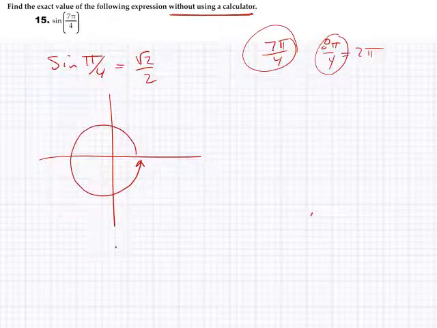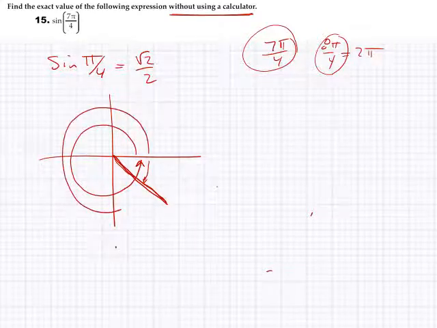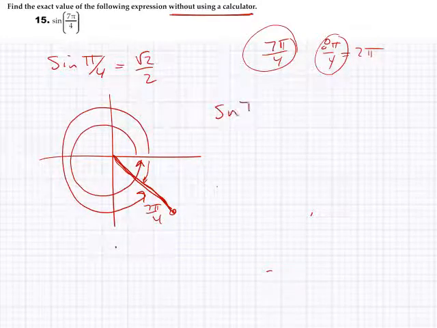So we back that up, pi fourths, and I would put 7 pi fourths in quadrant 4. So 7 pi fourths would be this rotation to here. In quadrant 4, we would look at the y value, which should be negative. So the sine of 7 pi fourths, based off of the sine of pi fourths, should be negative square root of 2 over 2.